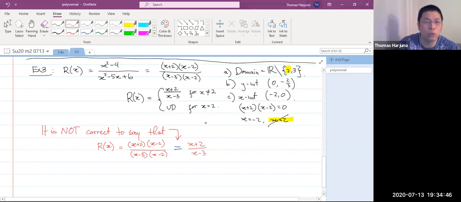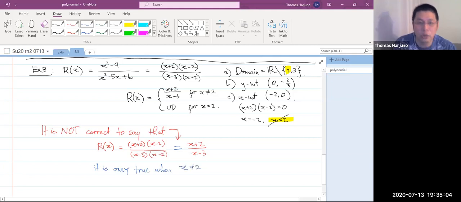This is only true when x is not equal to 2. When x is not equal to 2, let's say x equals 5, then this guy will be 3, this will be 3, which later on they cancel, right? Okay, when x is not equal to 2, there will be the same number that cancels, and the result will be the same as this.